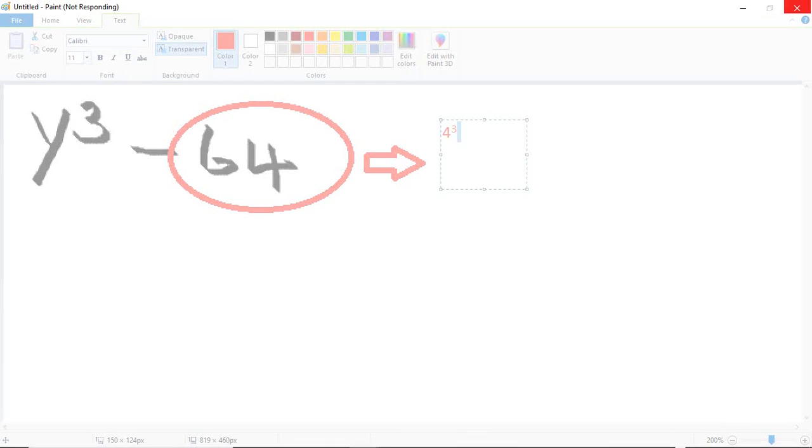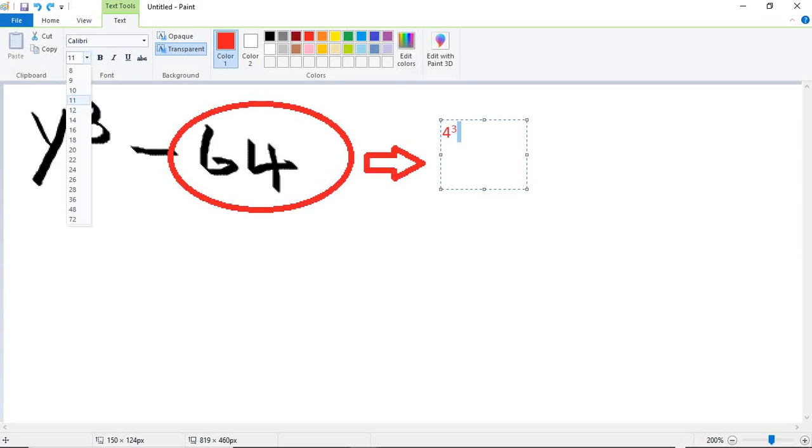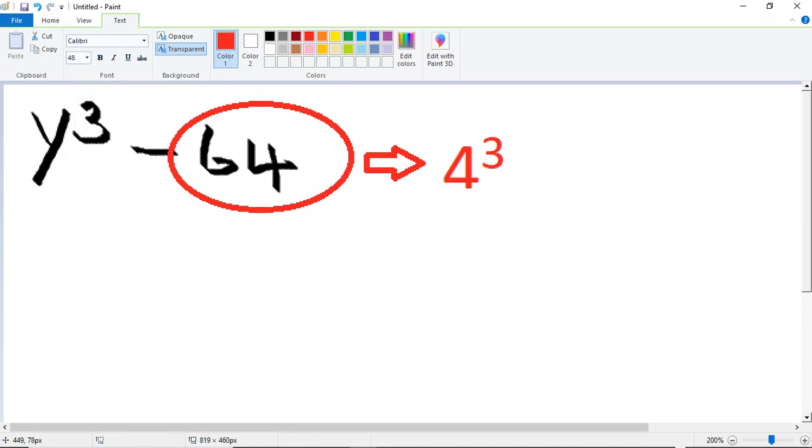Okay, pardon me for that, it's very slow. Let me just use 24 there. Okay, it may take a little while for me to increase the size so that you can see properly. Maybe let me just use 48, or yeah, perfect.